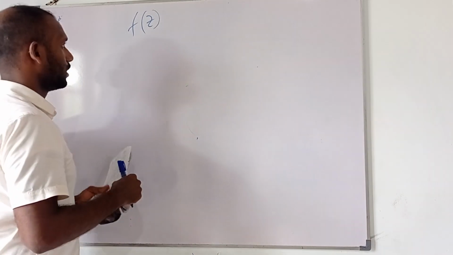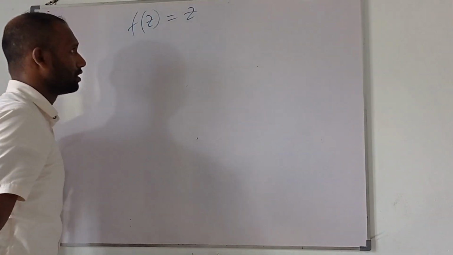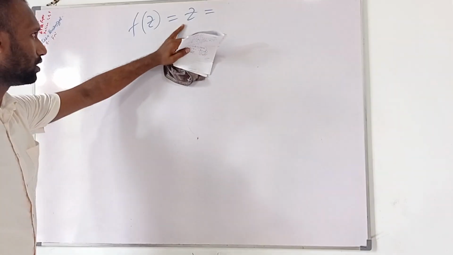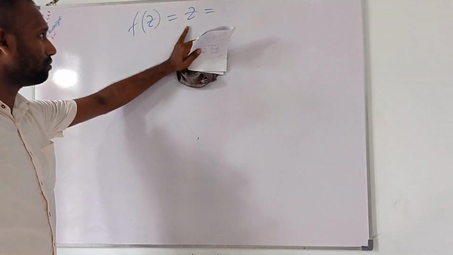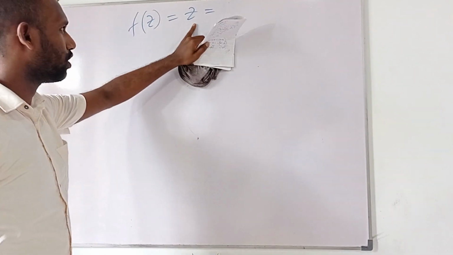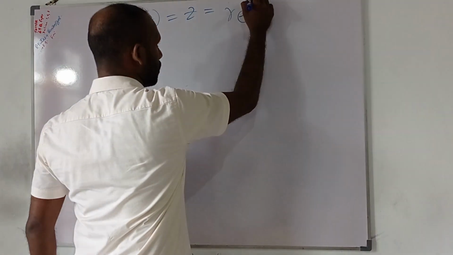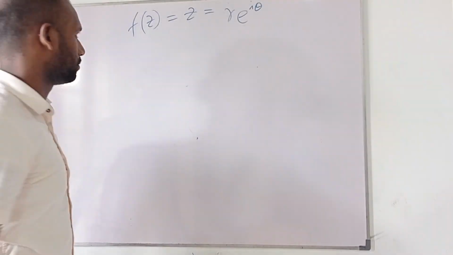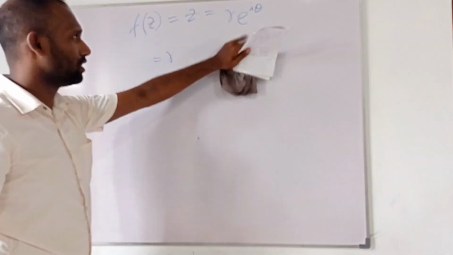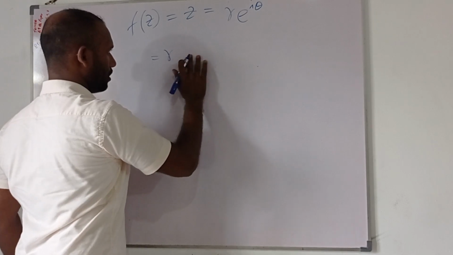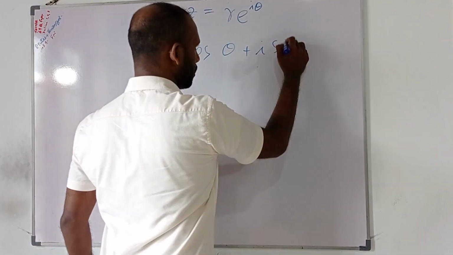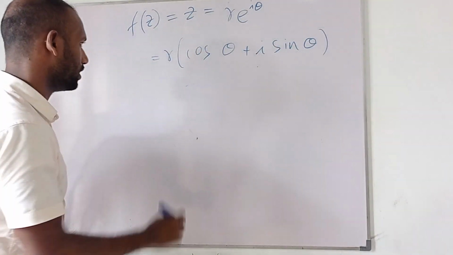F(z) equals z. We can write z in Cartesian form, and also we can write z in polar form. So this is my z. Using Euler's theorem, we can write this as r times cos theta plus i sin theta.